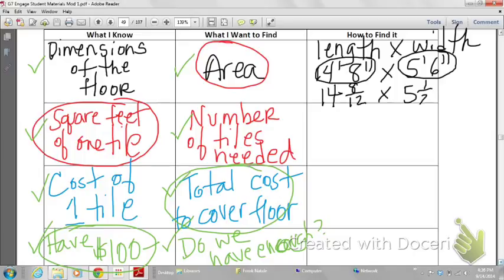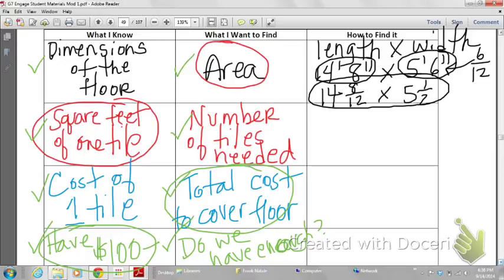Again, you know that 6 out of 12 is 6 inches, so 6 over 12 is the same as 1/2. Now if we do this, we can do that multiplication, and we can figure out our total area.